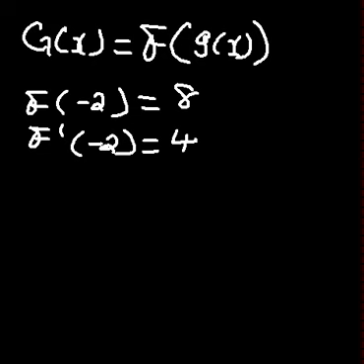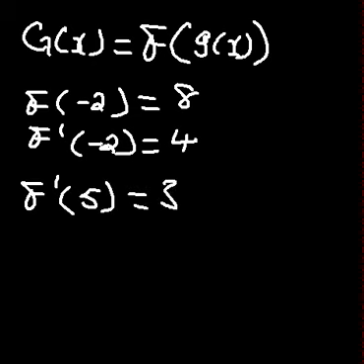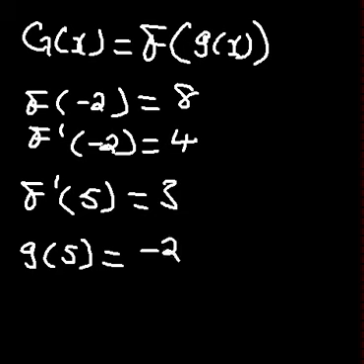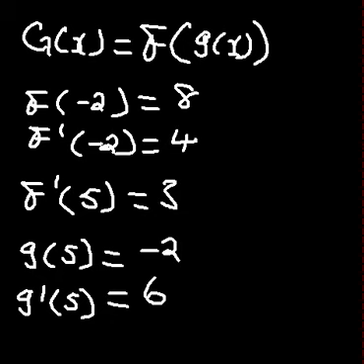And also f of negative 5 prime is given as 3. Let's say g of 5 is given as negative 2, and g prime of 5 is given as 6.